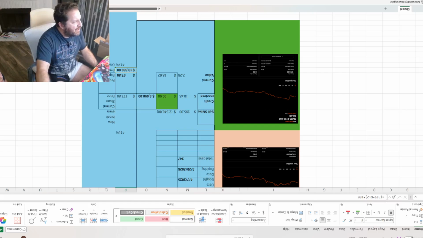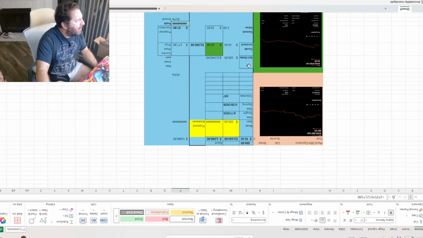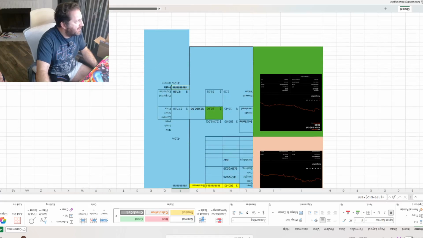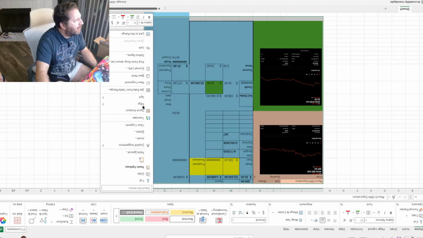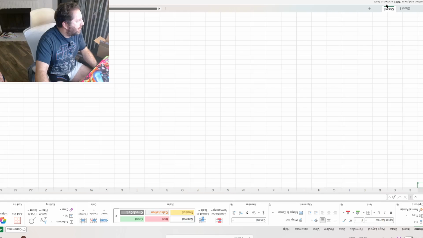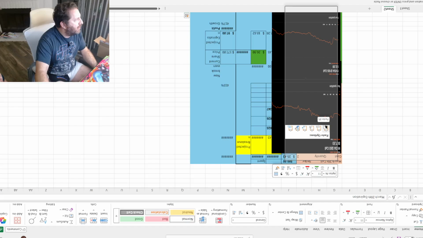Okay. How will we select this whole thing? I want to copy it and put it on another page because this is NVIDIA. Well, you could probably grab here, shift or something. Grab here to here, you could do that. Like, copy. Let's try this. Oh, you want to put it on another sheet. And paste.